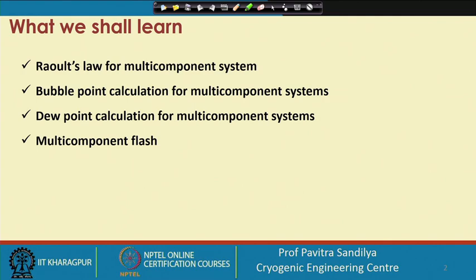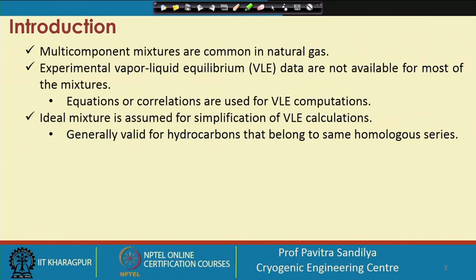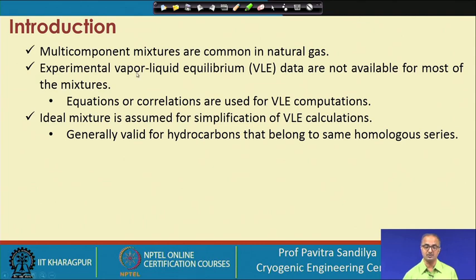We learned these things already for the binary systems, and there will be some modifications when we are considering the multi-component systems. As we see, natural gas most of the time is a multi-component mixture, that is, we have more than two components in the natural gas.